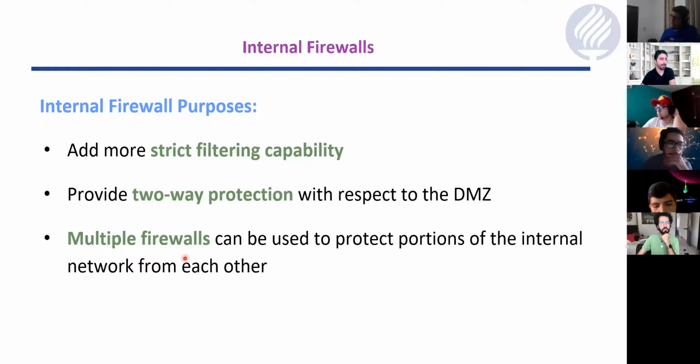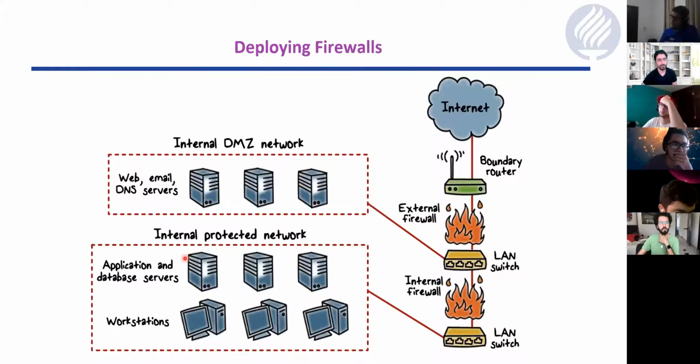Multiple firewalls can be used to protect portions of the internal network from each other. So even here, you're protecting your internal protected network from your internal DMZ networks. If this part of your network wants to access the more secure part of your network, it has to pass through these internal firewalls.